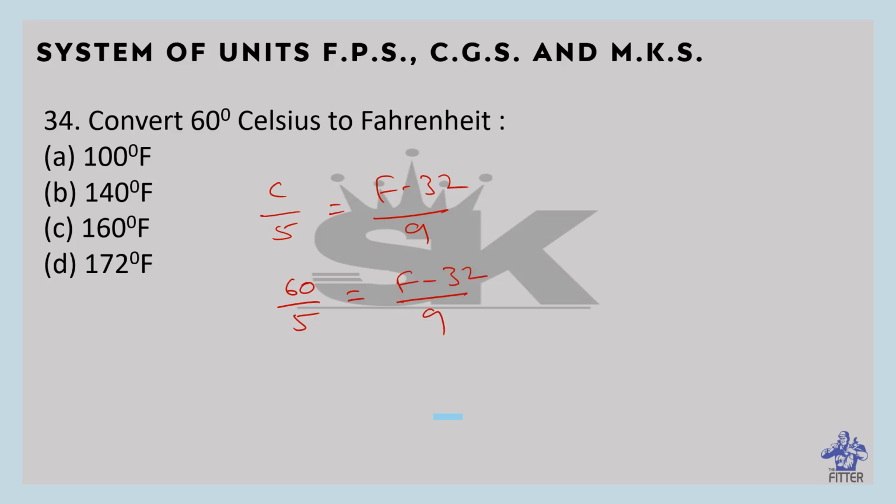Here 5 also. So F equals 108 plus 32, that equals 140 degrees Fahrenheit. Okay. So option B is the right answer.